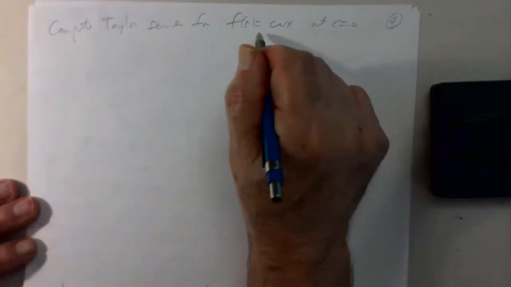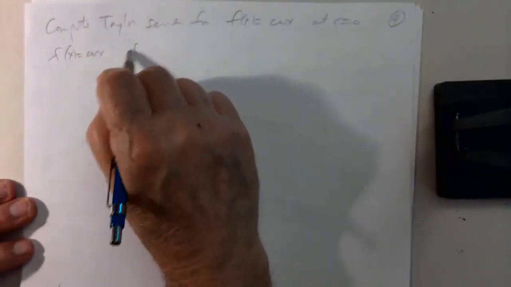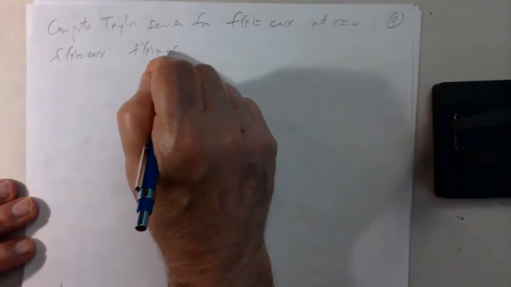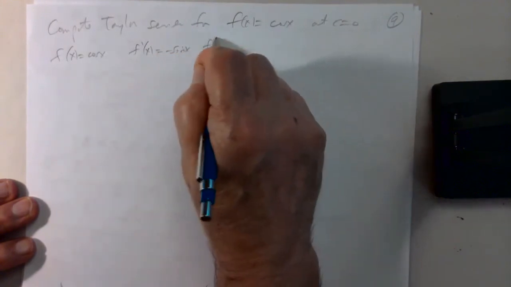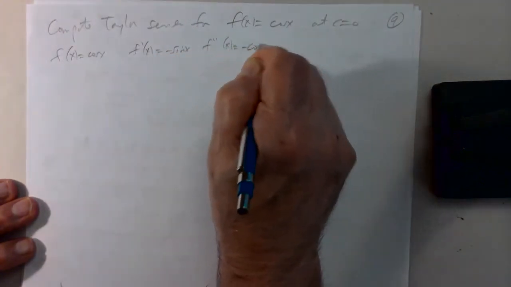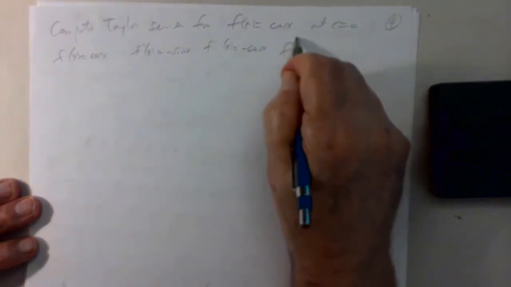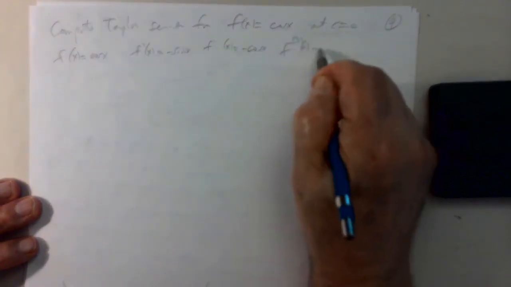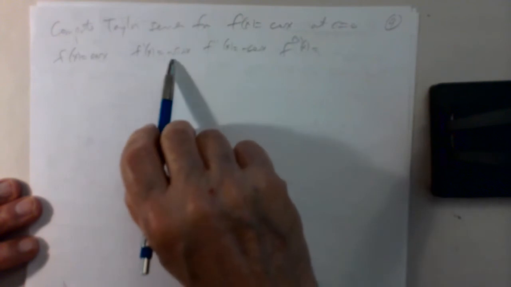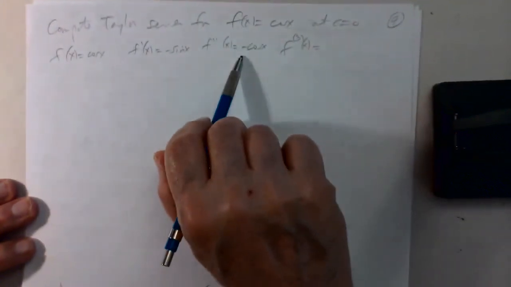So I need to know all the derivatives of the function and their values at 0. So we have f of x is the cosine, f prime of x is minus the sine, second derivative is minus the cosine, third derivative is, let's see, plus the sine. Then the fourth derivative is the cosine again.